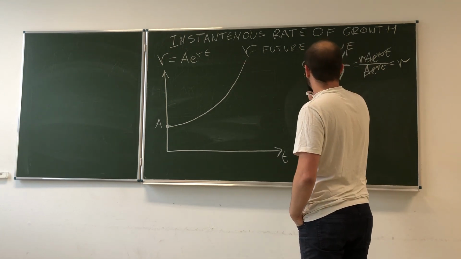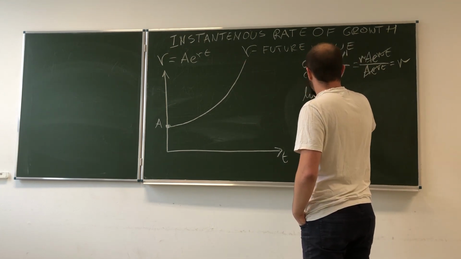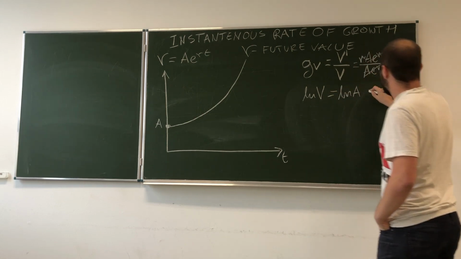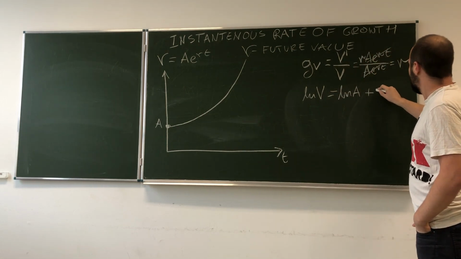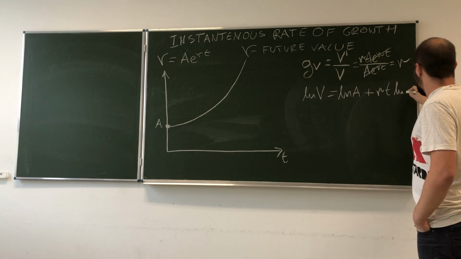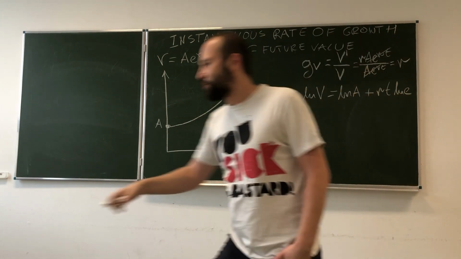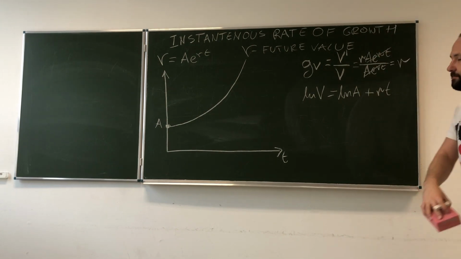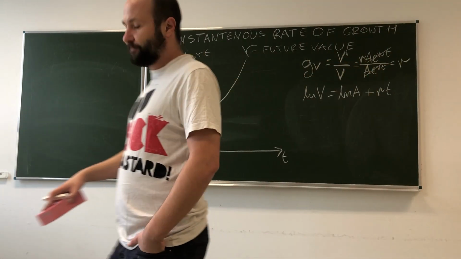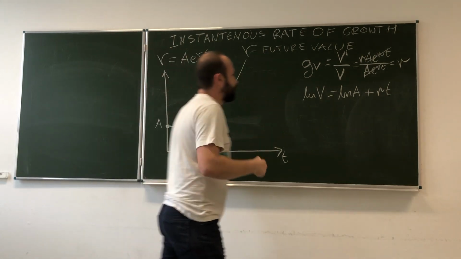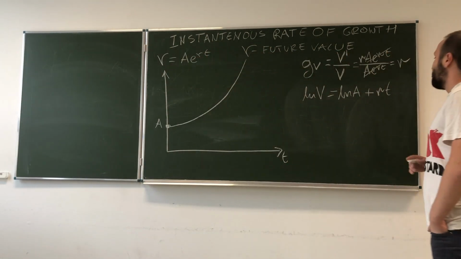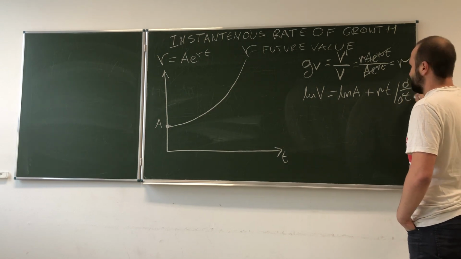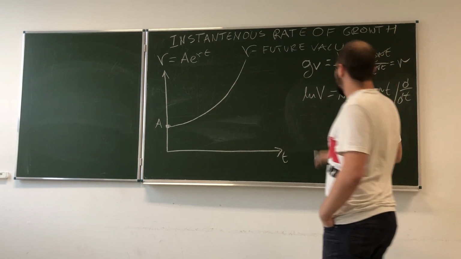So if I logarithmize this function, I'm going to get ln V equals ln A plus rt ln e. But of course, at this moment, we remember very well that ln e is simply 1, so we can eliminate it.